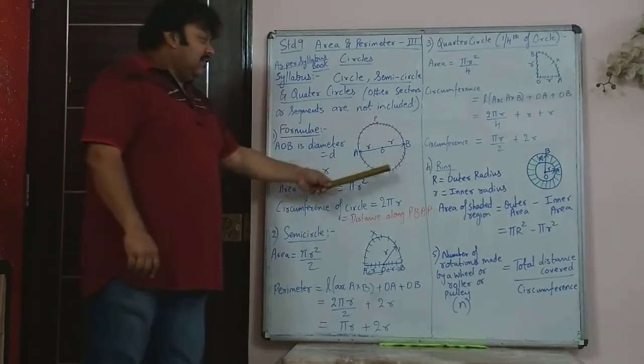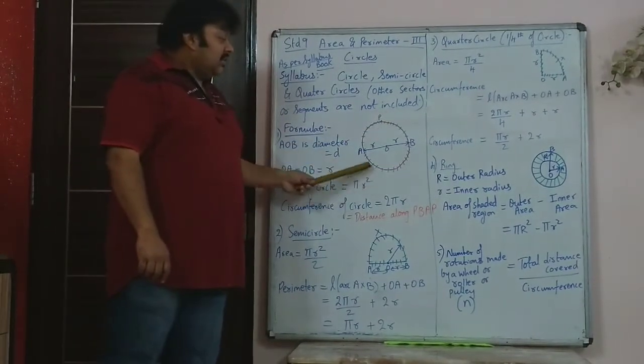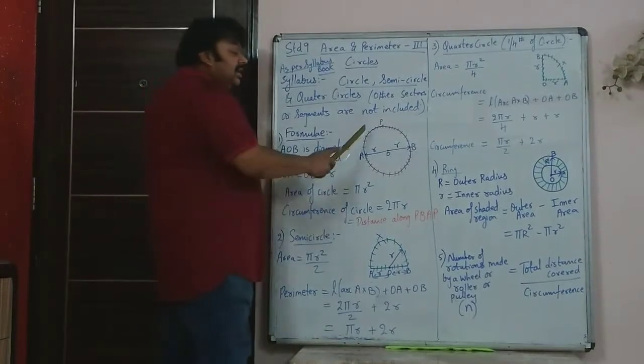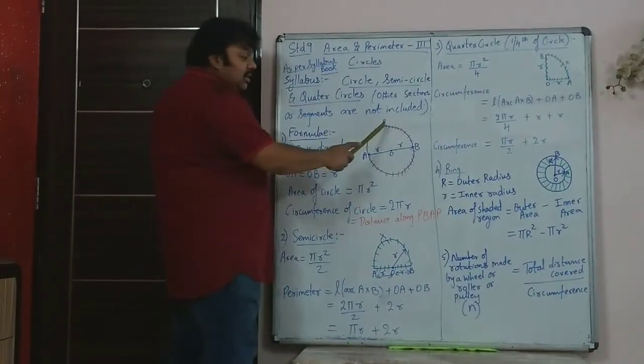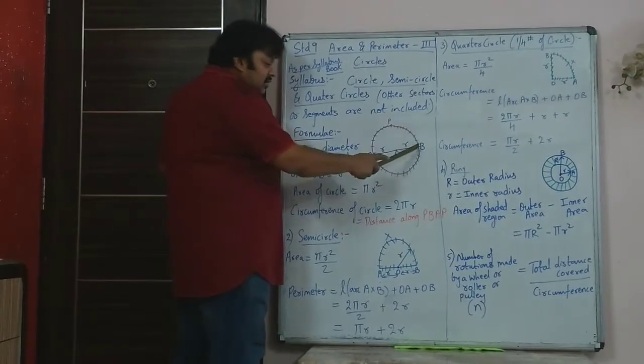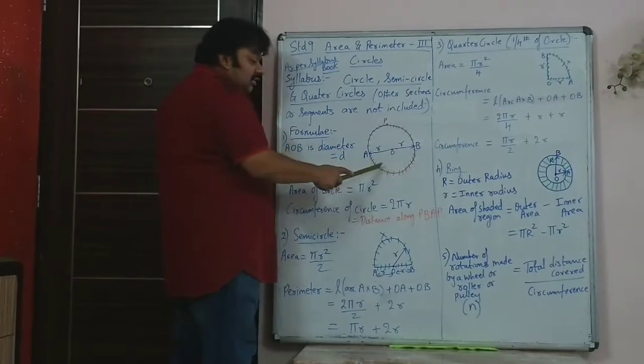So if the area of the entire circle is pi r squared, then the circumference of this circle, circumference means one thing you know, it is just like perimeter. Take a walk along the border. This shaded region shown in red, this part is the circumference.